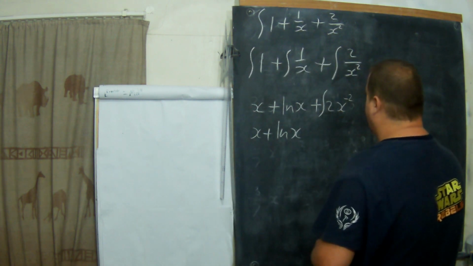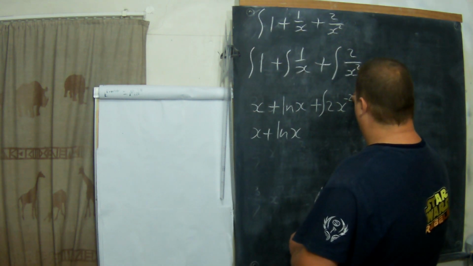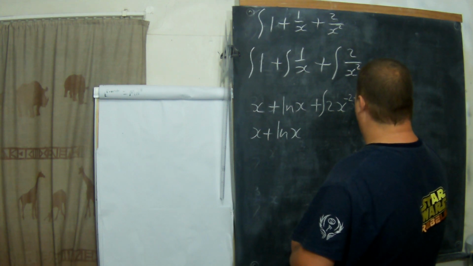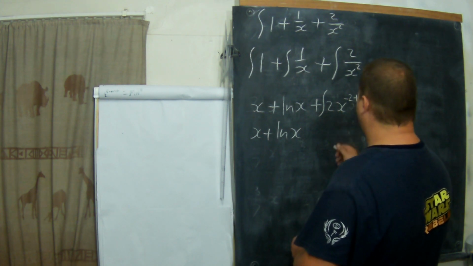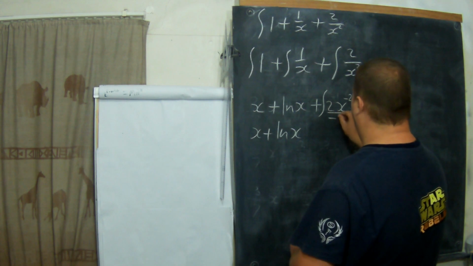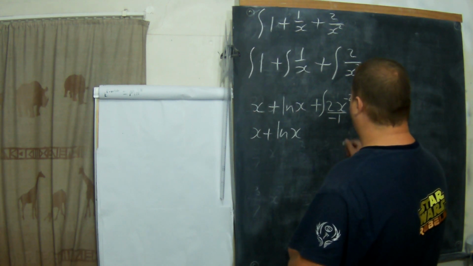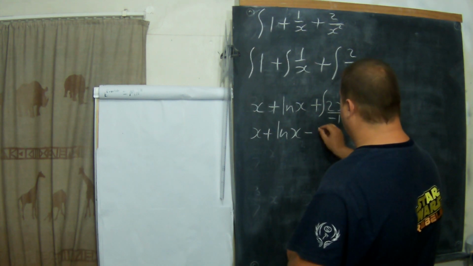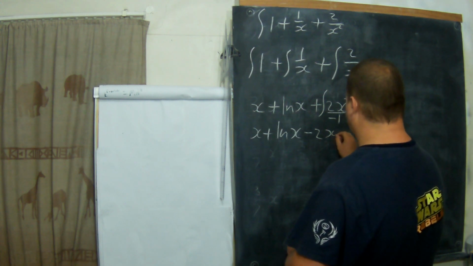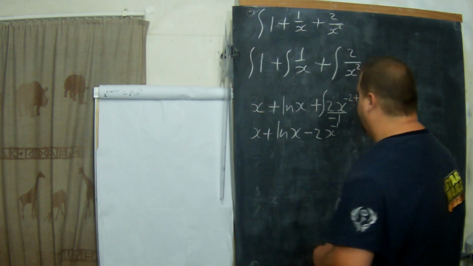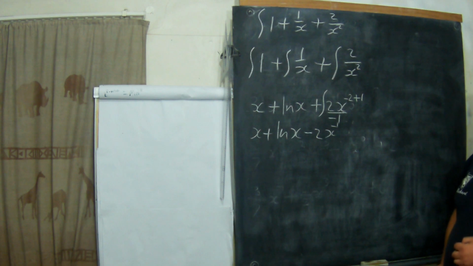Now we say minus 2 plus 1, so that is divided by minus 1. So 2 times minus 1 is minus 2, x to the power minus 1.